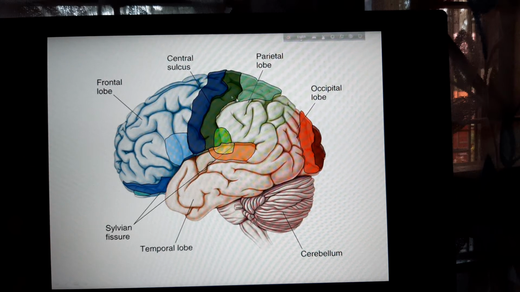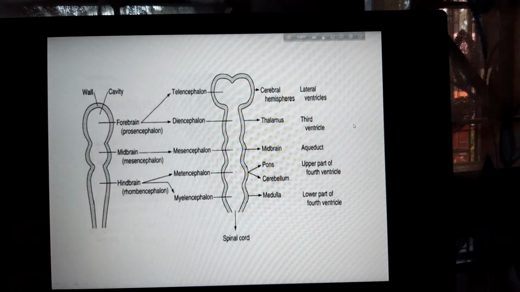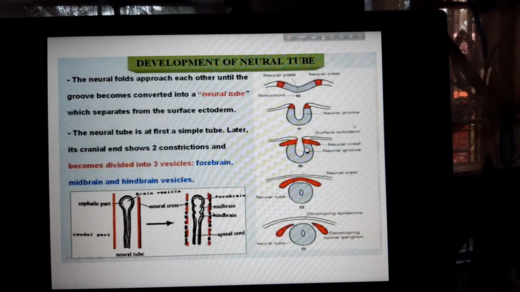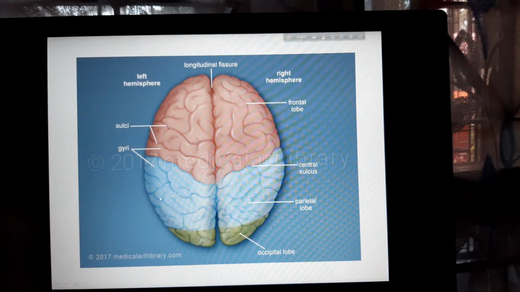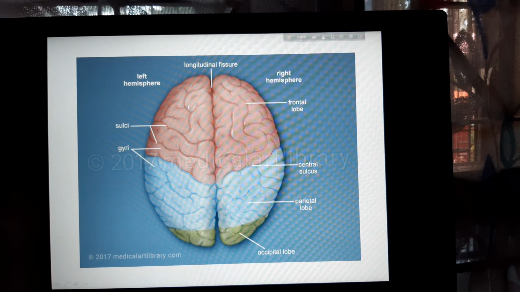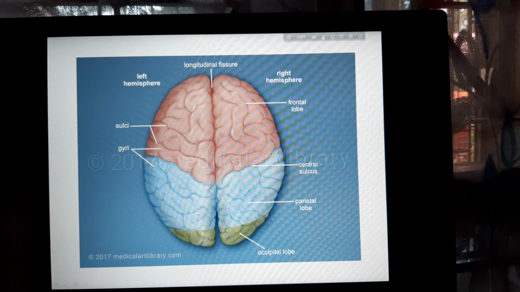Next, you see, this is the telencephalon, or cerebral hemisphere. The cerebral hemisphere has 2 halves, left and right, and joined together they form the cerebral hemisphere.